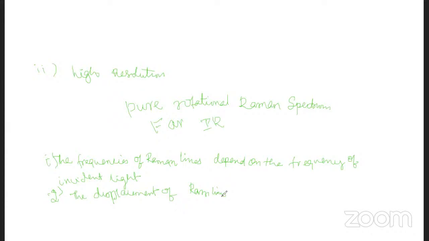That means the light incident on the material, and what type of material it is, determines the displacement. On the other hand, the displacements of the lines are independent of the frequency of incident light.